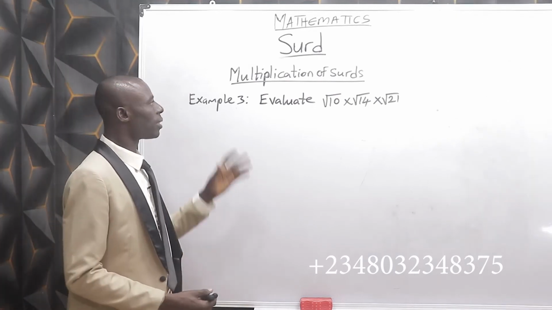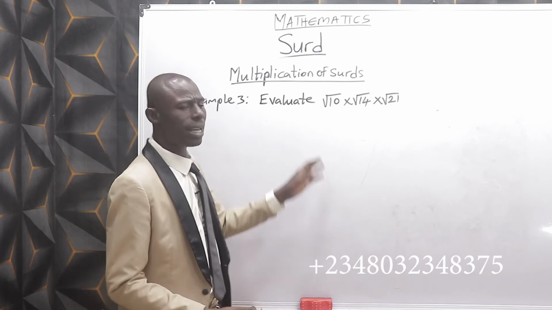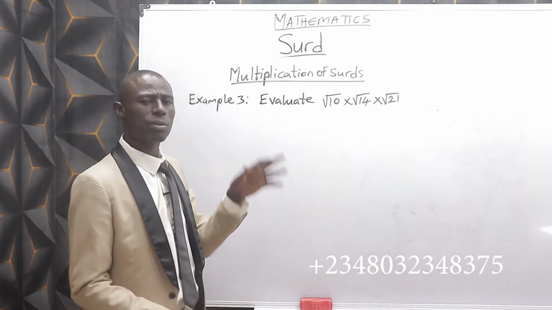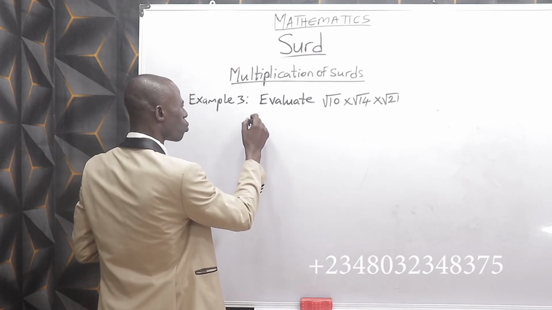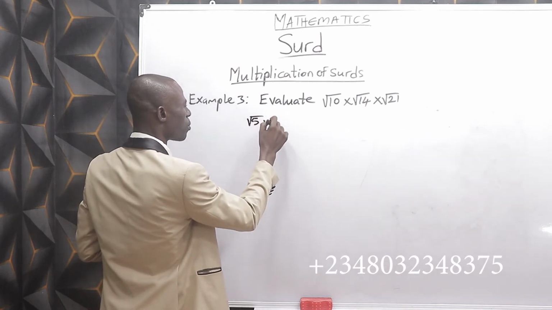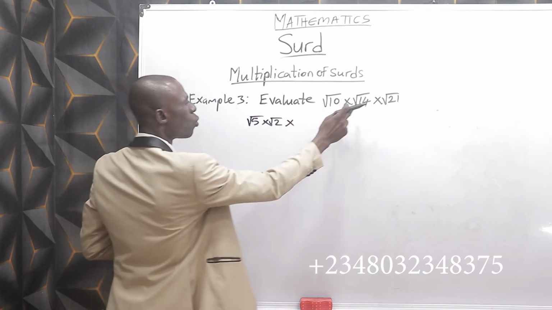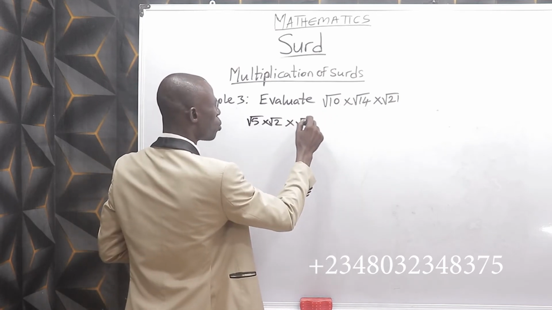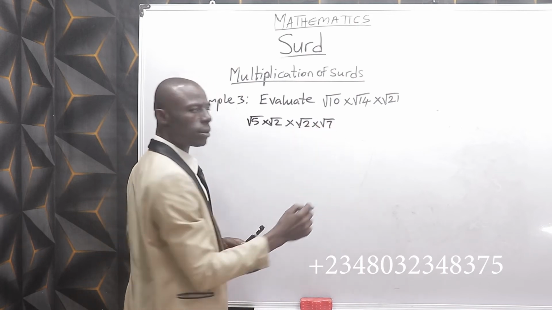Example 3, under multiplication of surds. Evaluate root 10 times root 14 times root 21. Break root 10 into root 5 times root 2. Then root 14, break it into root 2 times root 7.